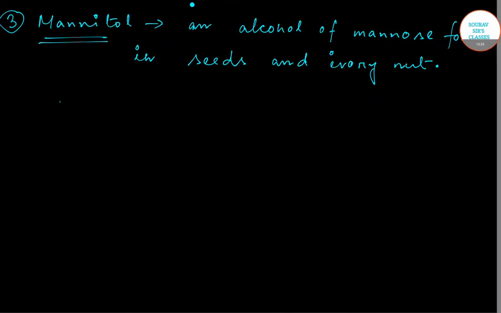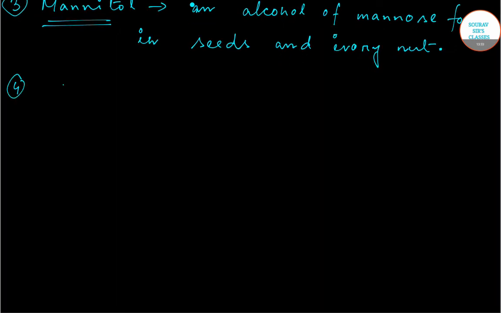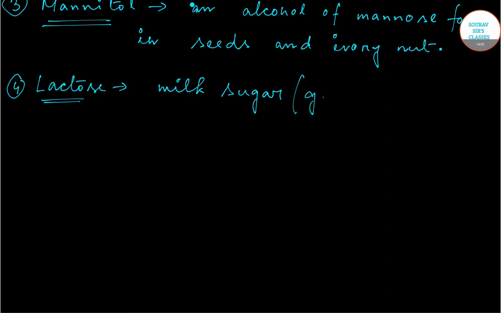Now, let's take lactose. It is also a very popular carbohydrate, and it is a milk sugar. It is a sugar that is made of galactose plus glucose.